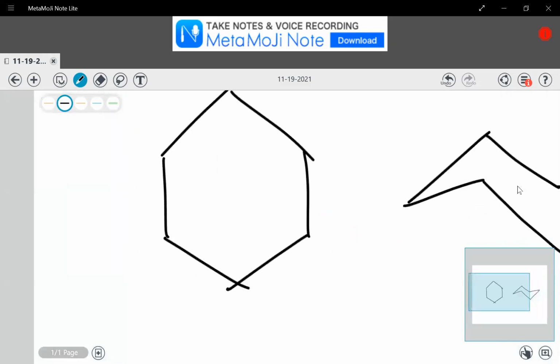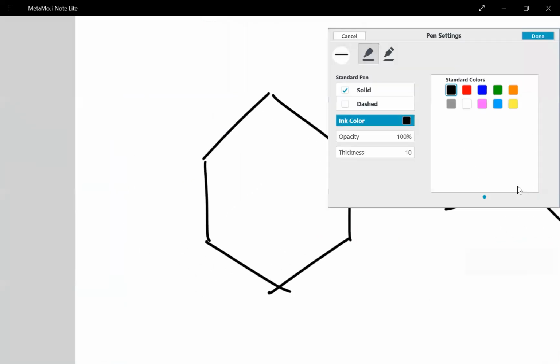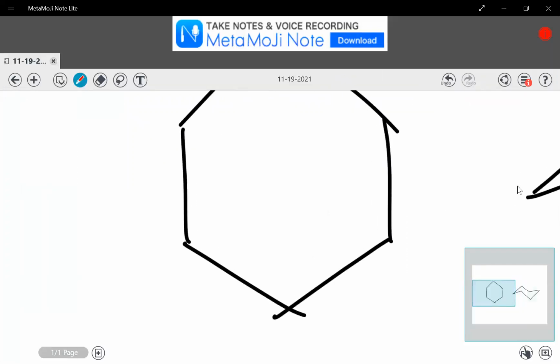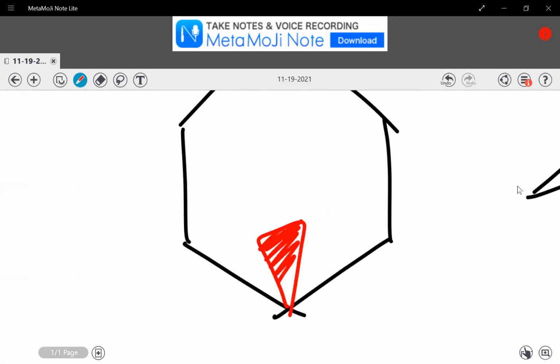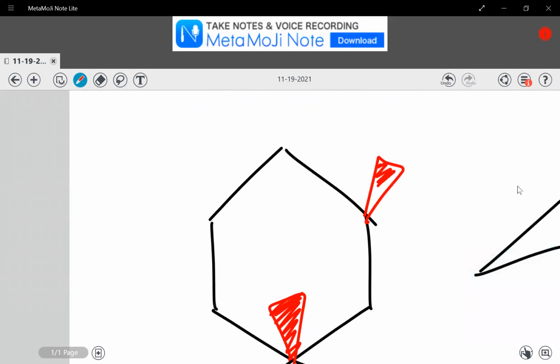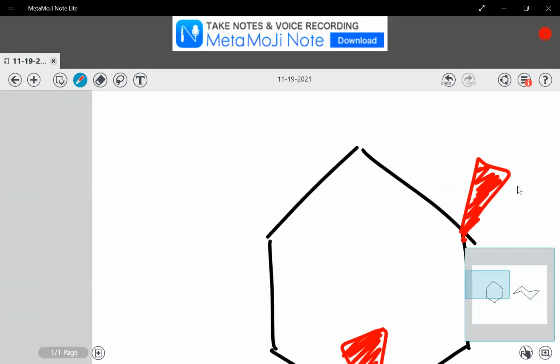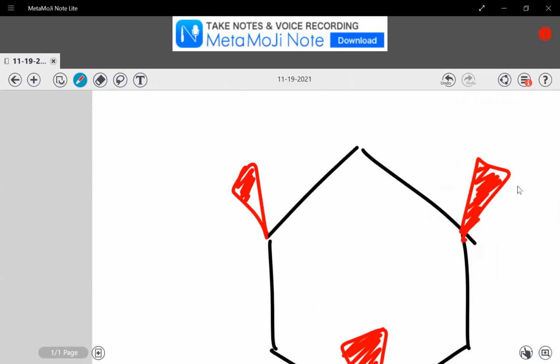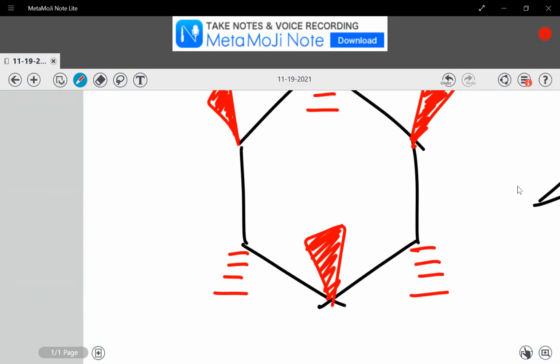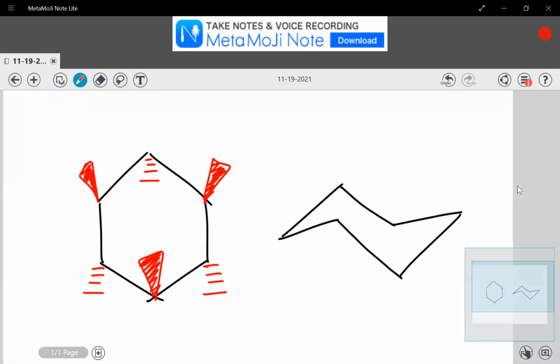All right, so wedges and those facing behind. How do we do that? Start here. I'm gonna quickly draw this diagram for you guys. The ones in red right here are our axial, okay? So I'm gonna draw out the axial ones. As you see, it kind of follows this pattern I was talking about earlier.